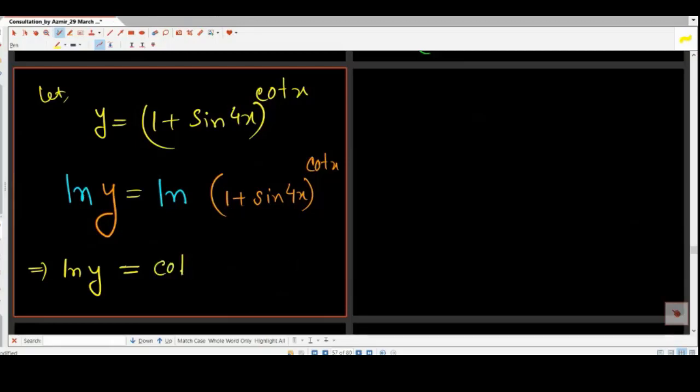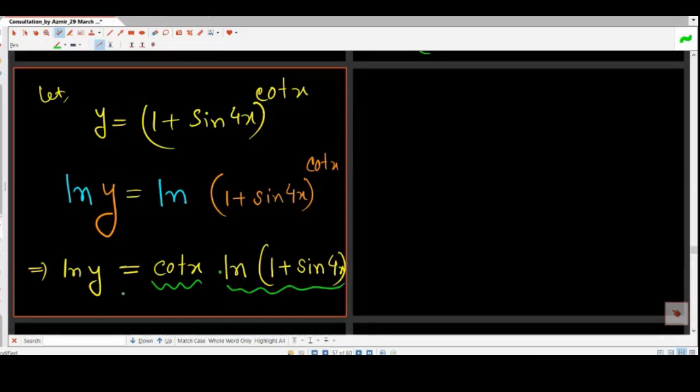So the power can be pulled out before the logarithm: cotangent of x times natural log of 1 plus sine 4x. So we can see that we have a product f of x times g of x.